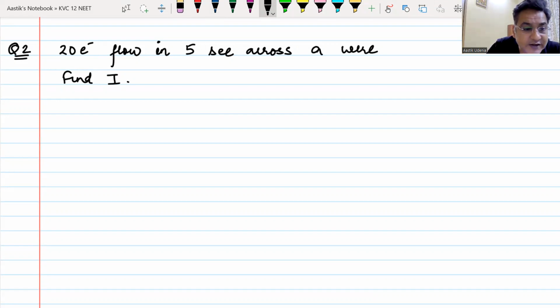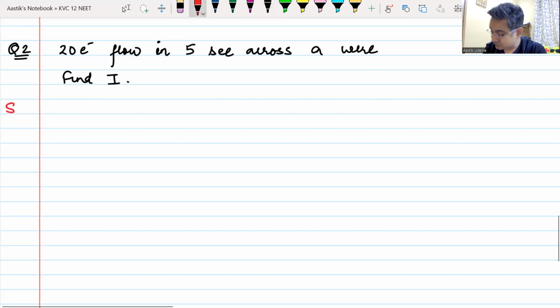What is the current that is flowing in the conductor? Anyone with an answer? How much current is flowing in the conductor? 20 electrons flow through a conductor in 5 seconds.